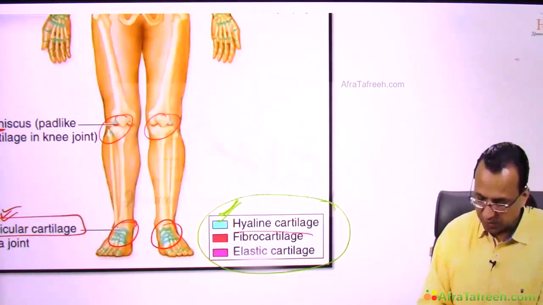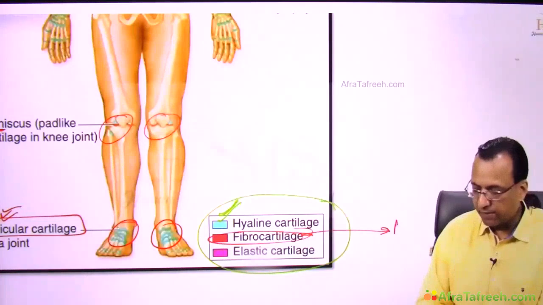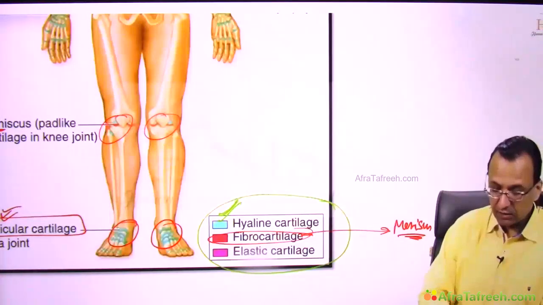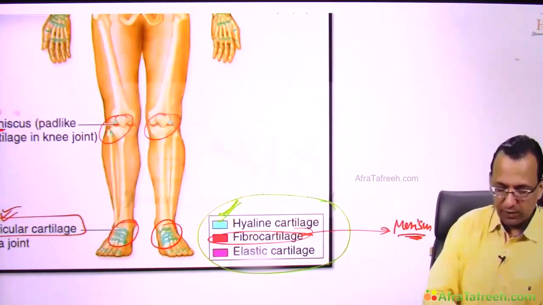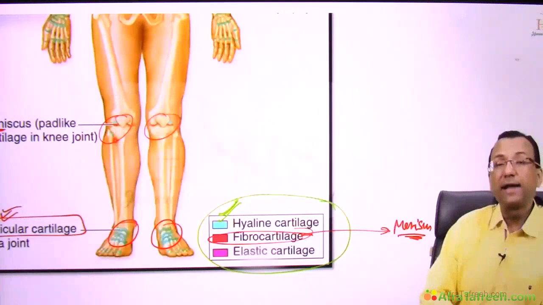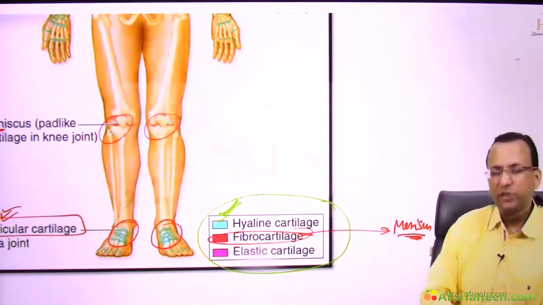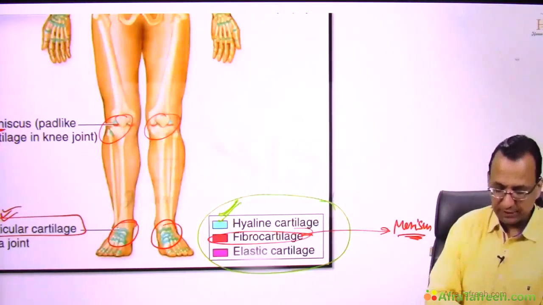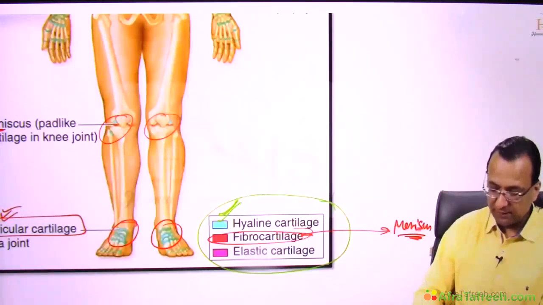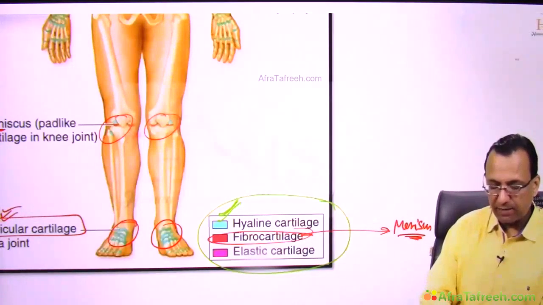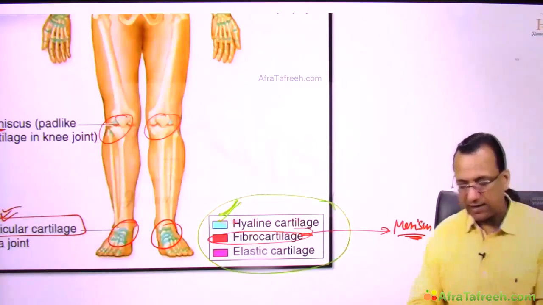What is red color? Fibrocartilage. So the meniscus is red color, the fibrocartilage. We have seen the knee menisci are like shock absorbers, preventing the femur from hitting the tibia bone. So that will be fibrocartilage. Otherwise femur and tibia are lined by articular cartilage, which is hyaline cartilage.